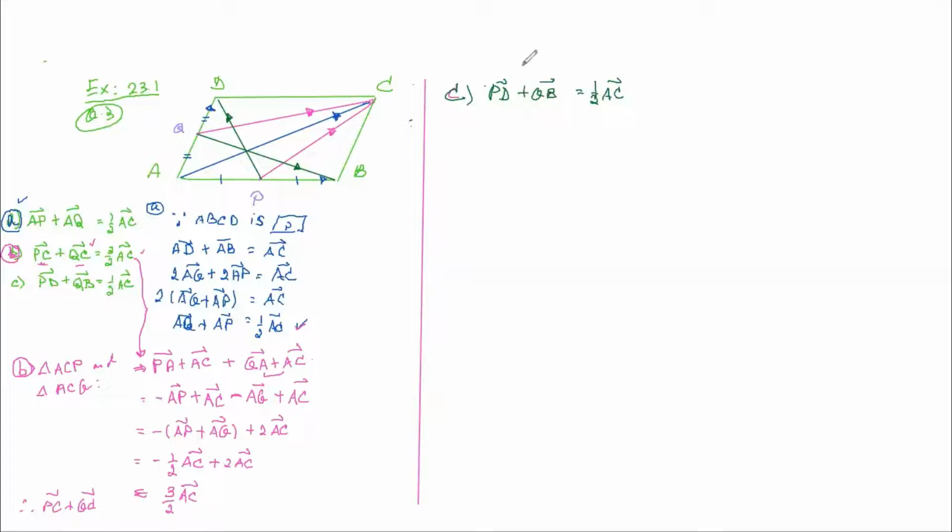So now this is how we get it. You see the relationship between the two vectors. For PD, you can use triangle ADP or DCP, right? Have this one PD. So you can use either triangle ADP or DCP.